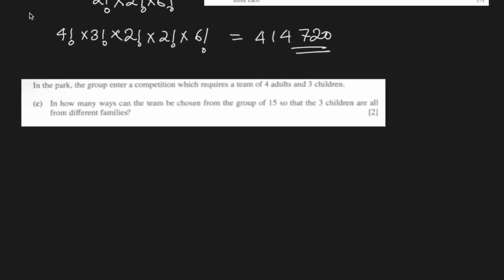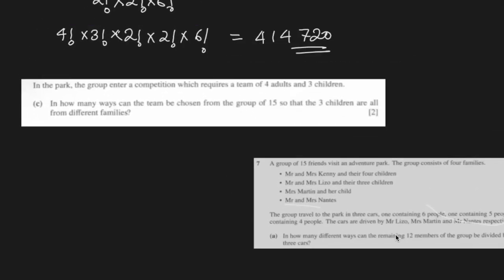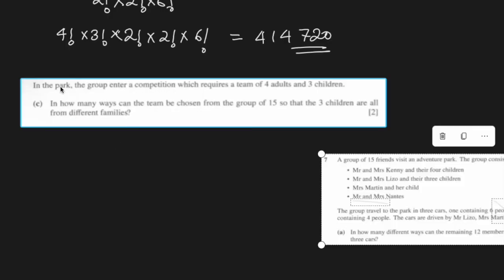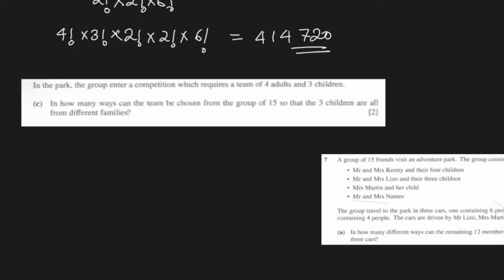In the park, I think we'll need this again, so let's keep it here. In the park, the group enters a competition which requires a team of 4 adults and 3 children. In how many ways can the team be chosen from the group of 15 so that 3 children are all from different families? Yes, we needed this.